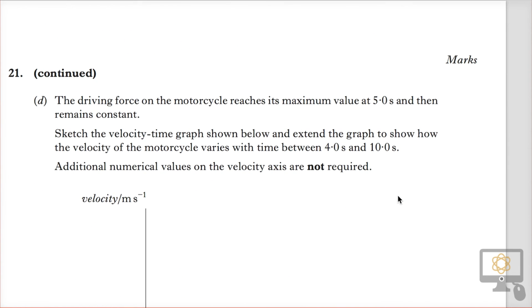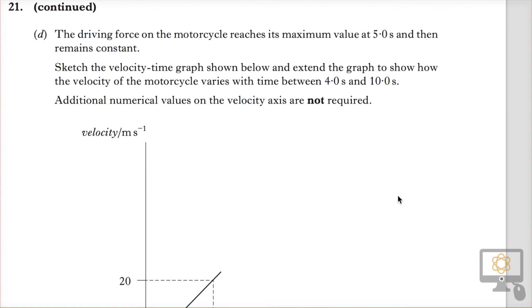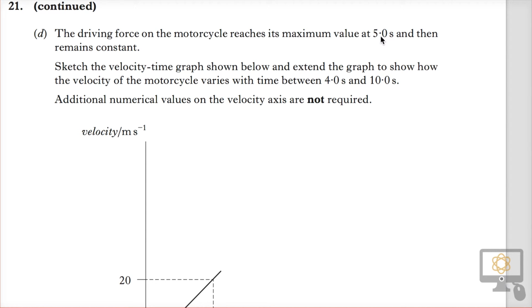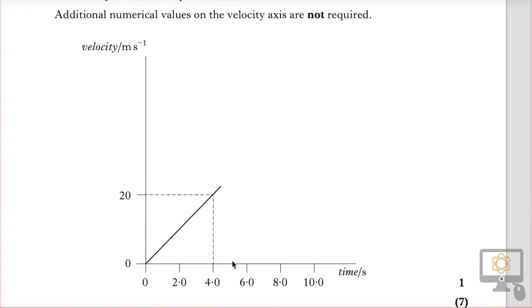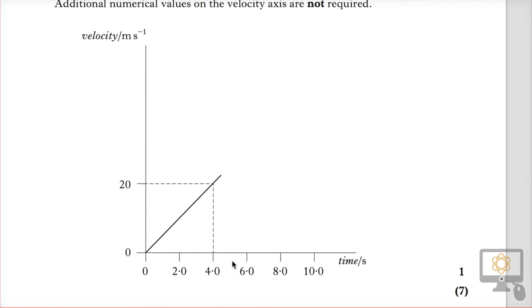What we're implying here is that that driving force does increase with time up to a value of 5 seconds. So if we look down at the graph here, because the driving force is increasing, this means that the acceleration is at a constant rate. The slope or the gradient isn't changing, and that will stay like that until 5 seconds.